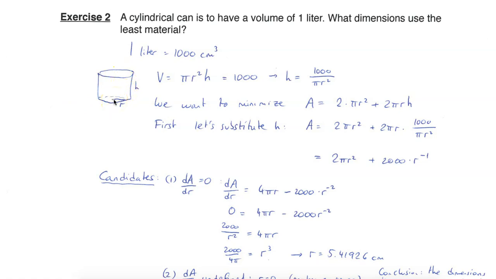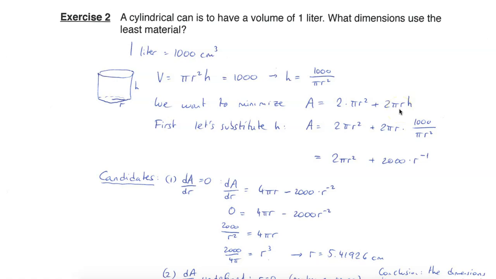So I would start by figuring out what the area is, and the area around is 2 pi r times h. The area of the bottom is pi r squared, the area of the top is pi r squared. So the area is 2 pi r squared plus 2 pi r h.